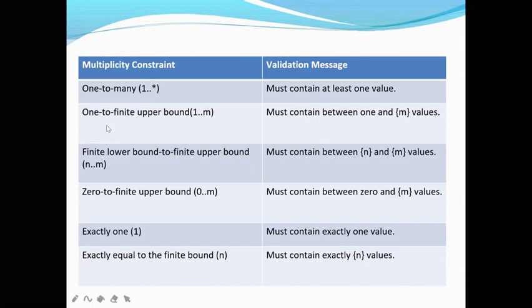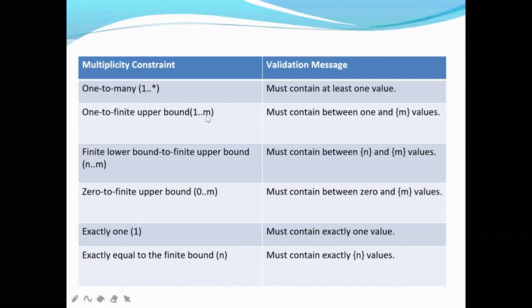What is your next one? This is your one to finite upper bound. It means that you should have at least m number of values. If you have this kind of line, you represent it in your diagram this way: you write 1, two dots, then m.